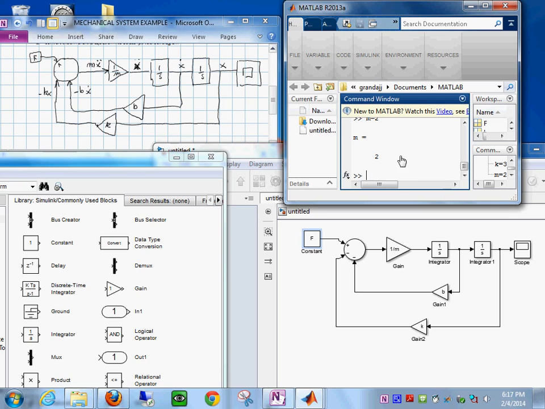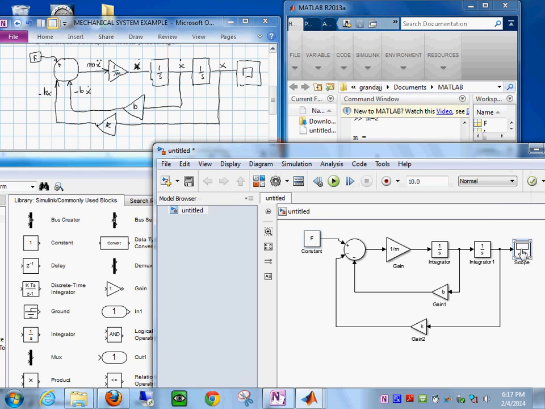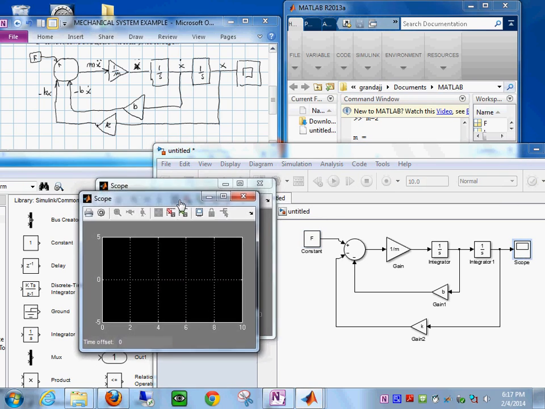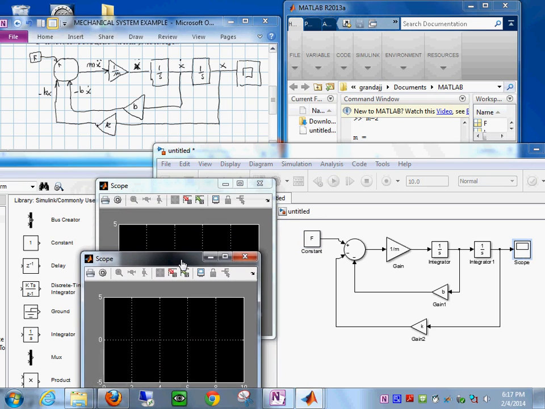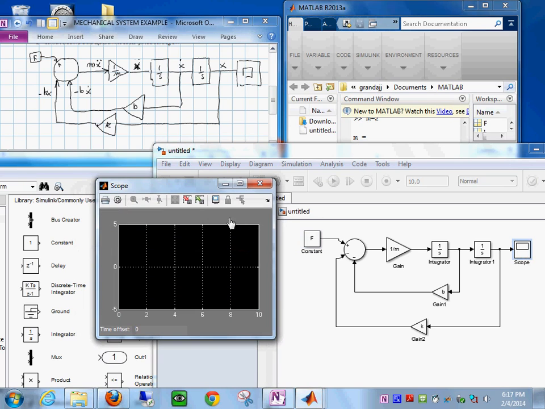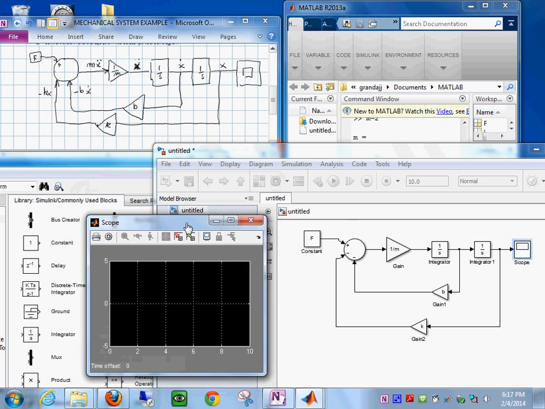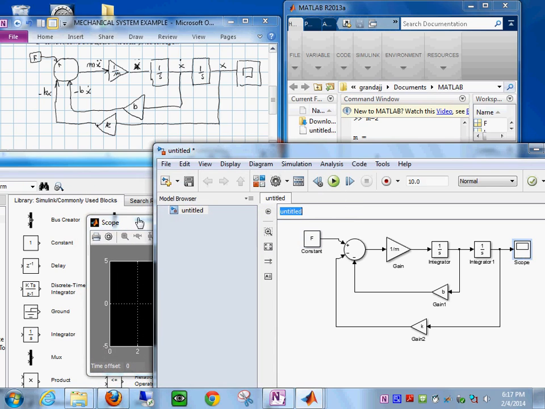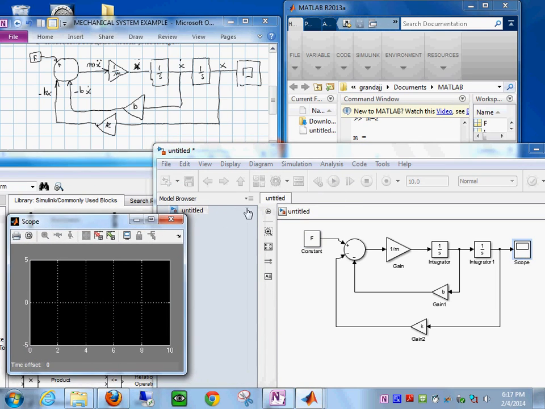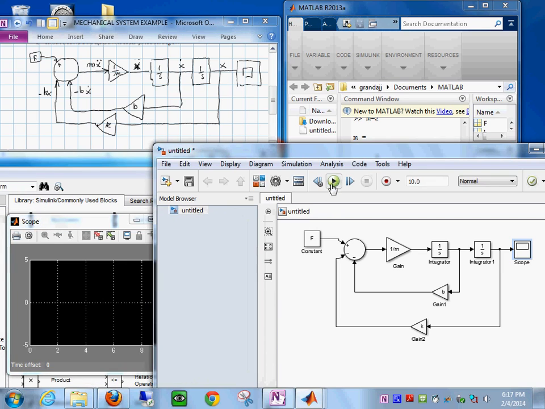So here we click on this, and now we can actually run the simulation. I think we clicked it twice and we shouldn't have. And so right here I can go to this and run it. Let's see how it goes.